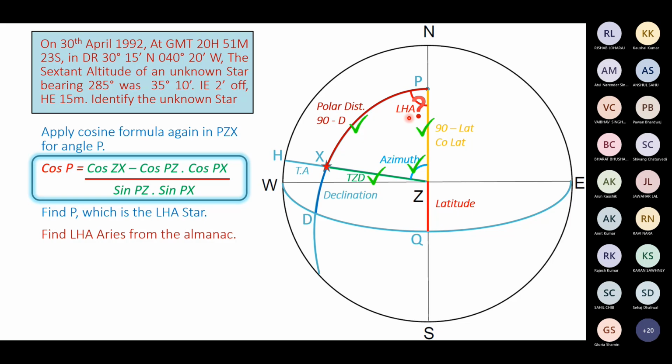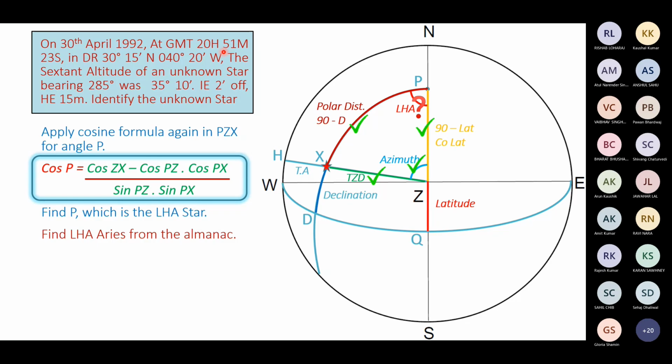Now proceeding further, let's go back to our question. So you can see in the question, we have the date as well as the time available to us. Now with this date and time, we can easily identify the LHA of Aries on this particular day at this particular time.